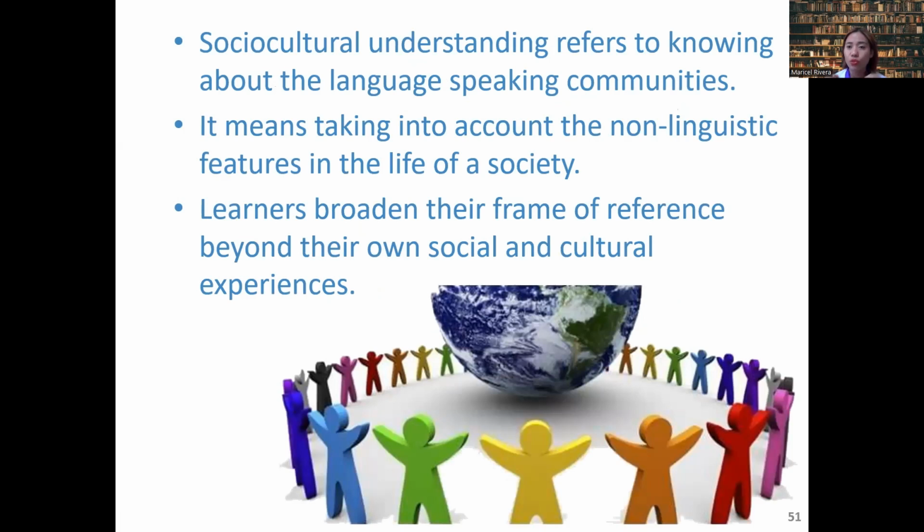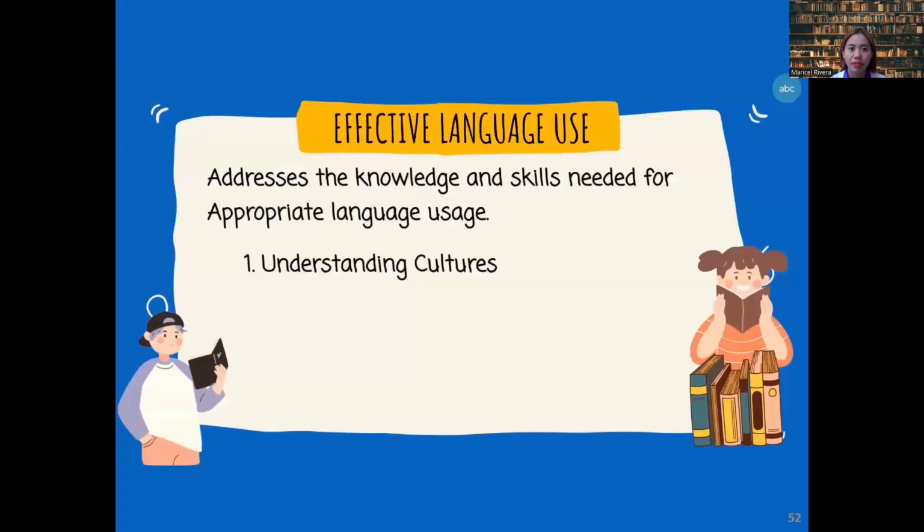So this is sociocultural understanding. We have to know the language-speaking communities of the language we are learning. And it means taking into account the non-linguistic features in the life of a society, and learners as well broaden their frame of reference beyond their own social and cultural experiences.